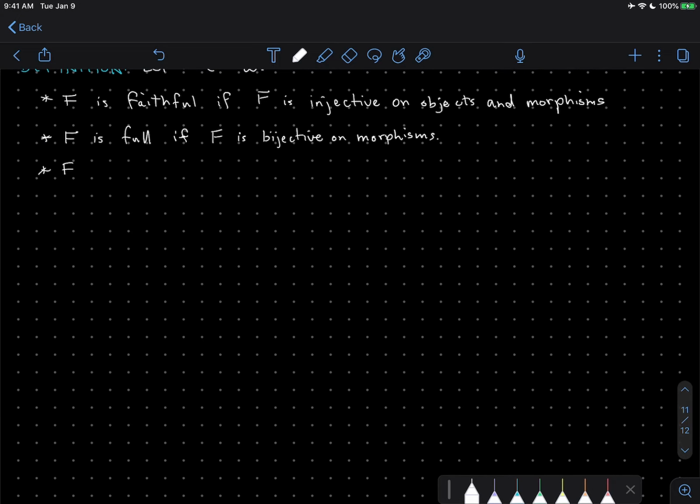We'll say that F is an embedding, or fully faithful, if it is both.